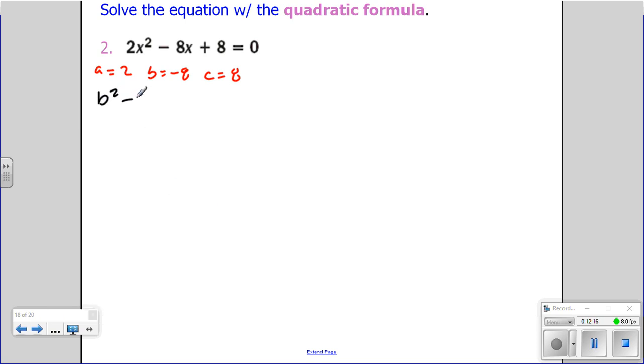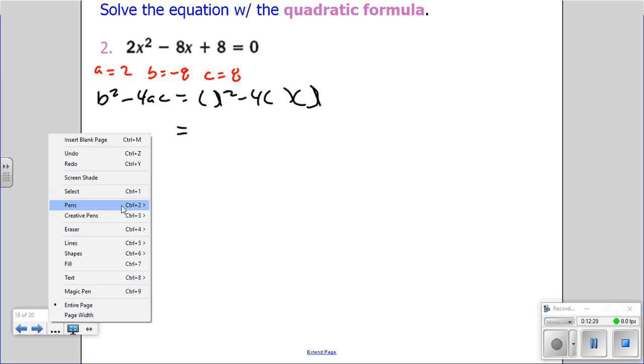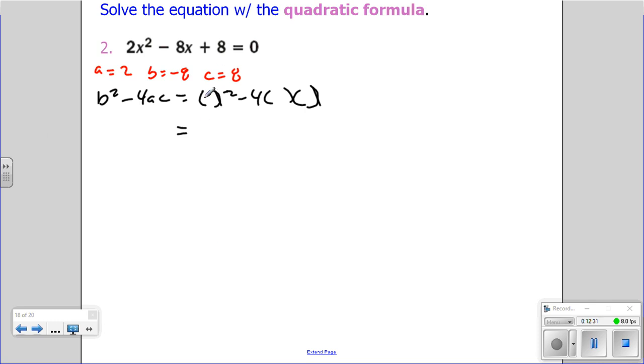So b squared minus 4ac, where b is negative 8, a is 2, and c is 8.